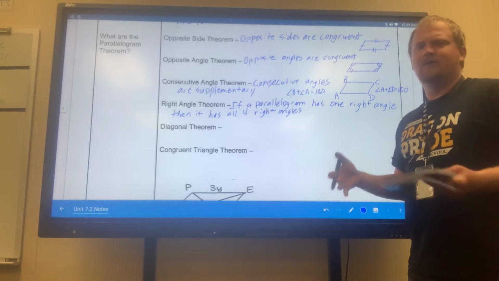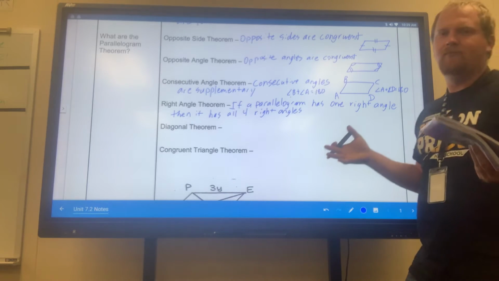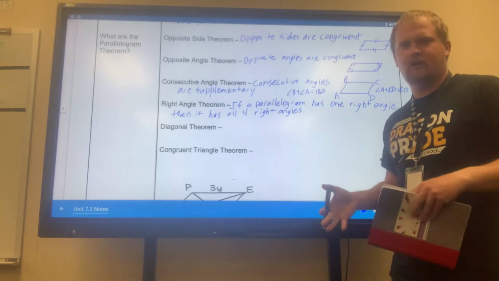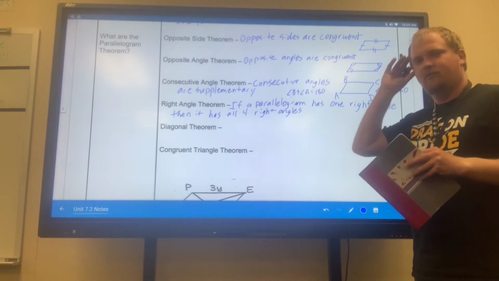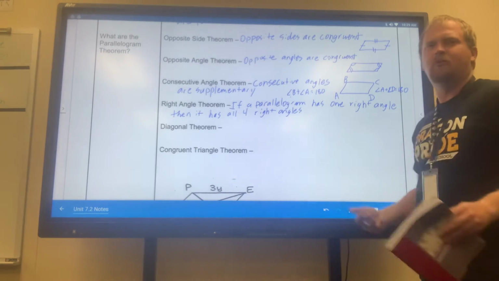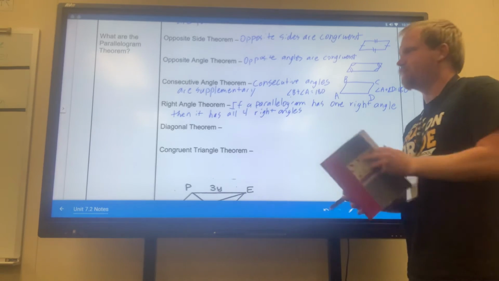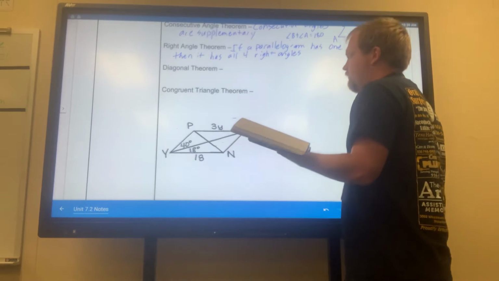All of them have right angles, so really and truly, however you want to look at it, rectangles and squares are parallelograms as well. Okay? And this theorem actually clarifies and gives even more proof that it's a parallelogram. Now, next we have diagonal theorems.